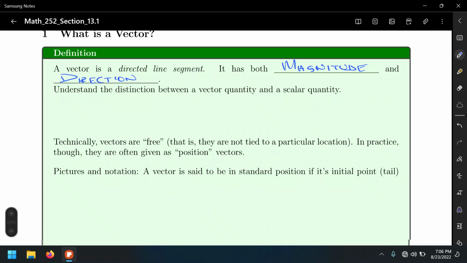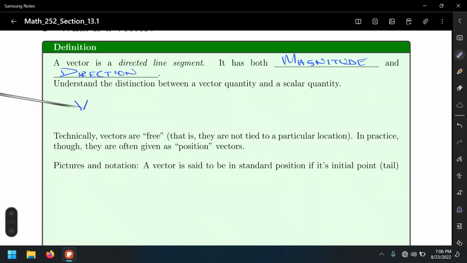So a vector quantity, we usually call it like this. For example, let me write a function v of x to represent some vector quantity. To denote that this is a vector quantity, we draw an arrow at the top of the variable to denote that this is a vector valued quantity.